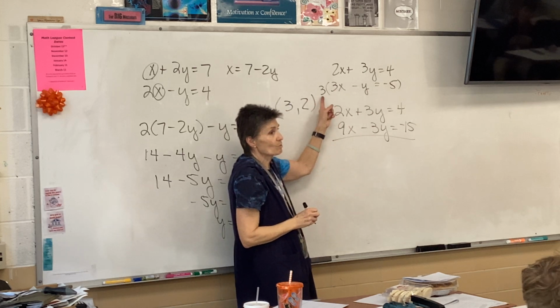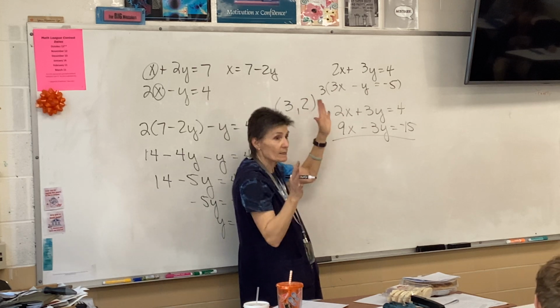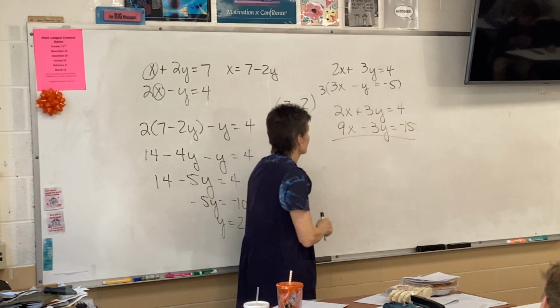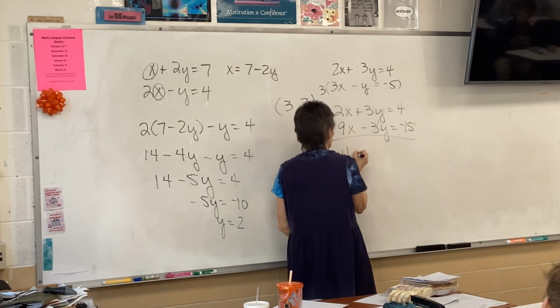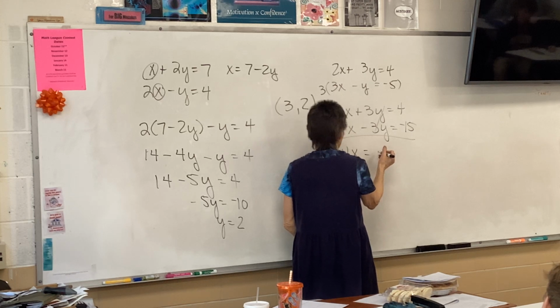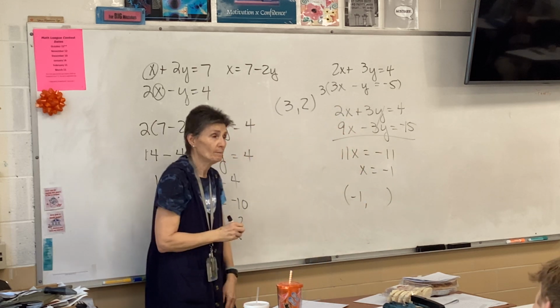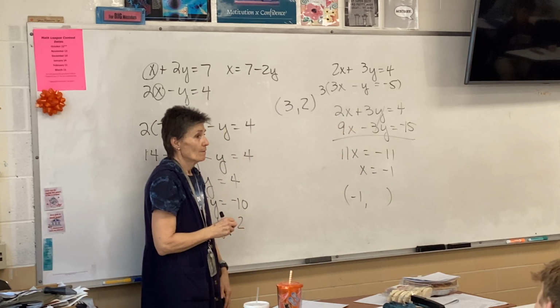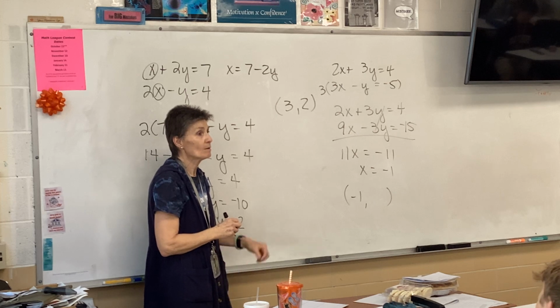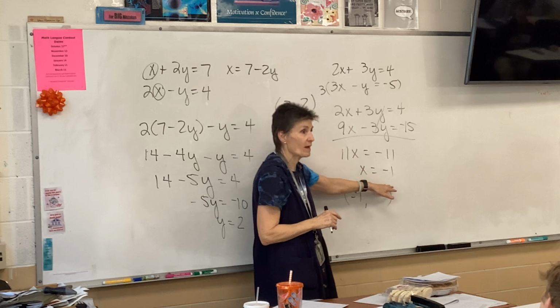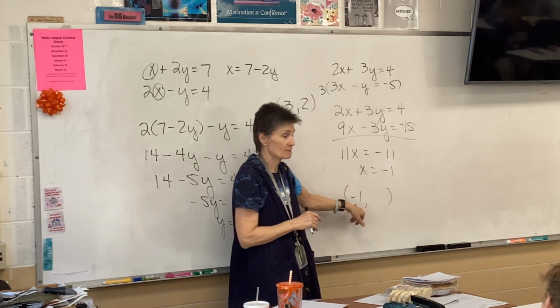Always, always, always remember, when you multiply by 3, it's everything by 3. So 11x equals negative 11. So it looks like x is negative 1. And when you write your ordered pair, make sure that you're putting it in the right spot. So this is an x value, so it was here, the x spot.